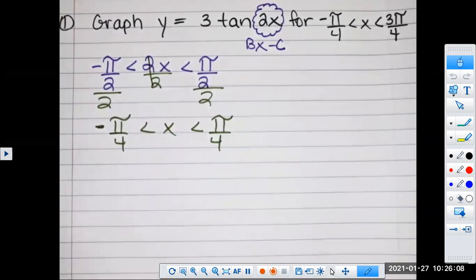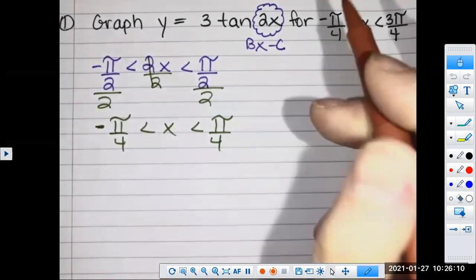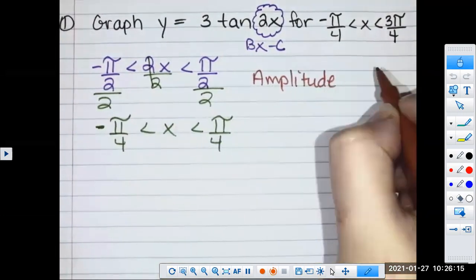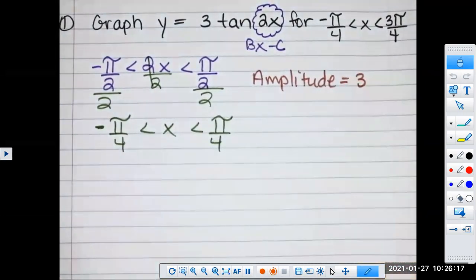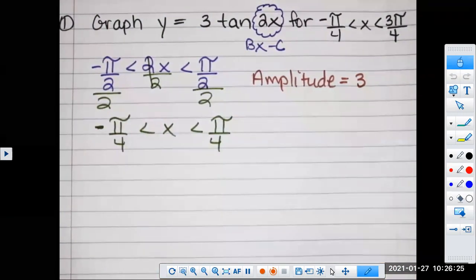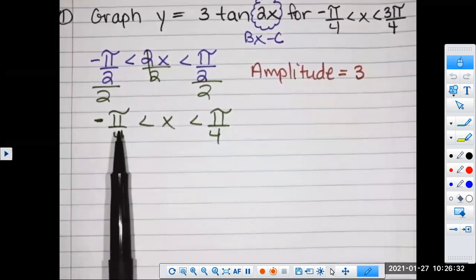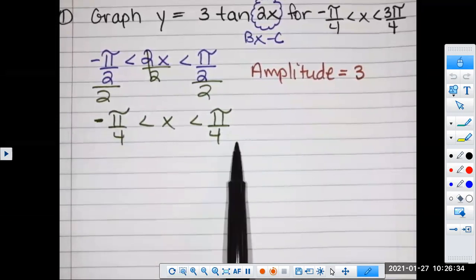Okay, what is your amplitude? Amplitude is 3. That's at least how far up you need to draw your axes, how far down you need to draw your axes, at least a 3, if not 4. Since my asymptotes are in pi over 4, then that's what increment I will go by on the x-axis.